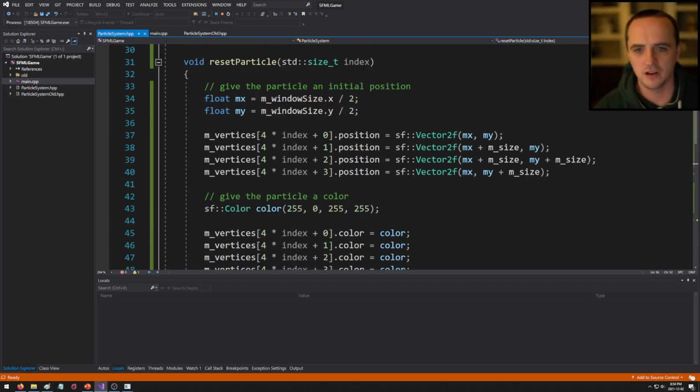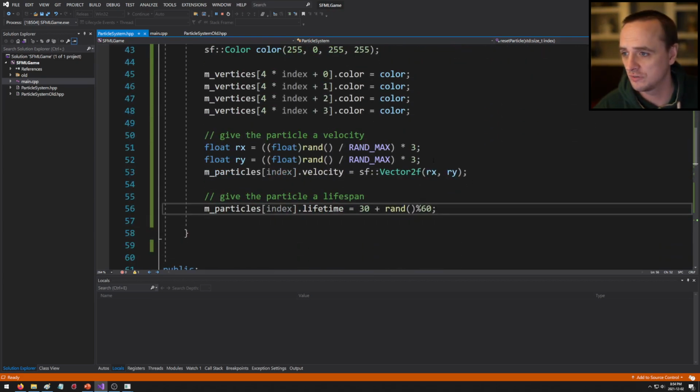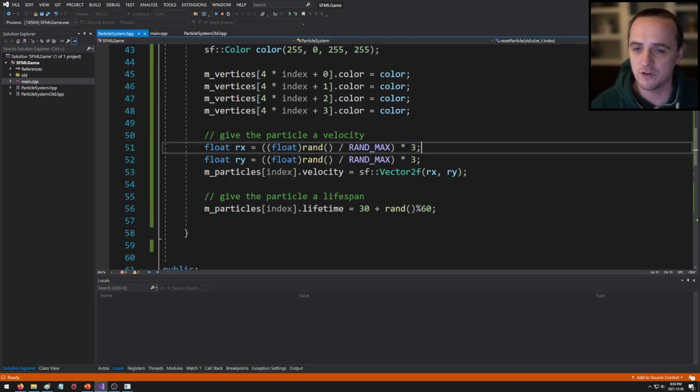So let's go back up to my reset particle, and where I gave them this sort of random initial velocity, what I can do is something kind of clever. If I wanted it to have a maximum velocity of 3, but now I want it to be between -3 and 3, what I can do is change this to, let's do 5 instead of 3.